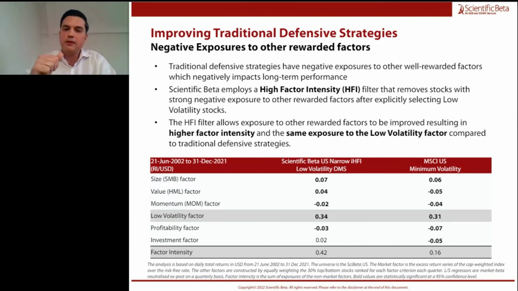First important point is that when you get access to a traditional defensive strategy, and we can see this in the right-hand column under the MSCI minimum volatility label, you might as well get negative exposure to other well-rewarded factors.